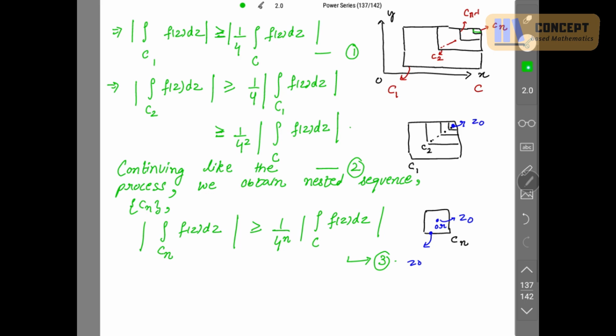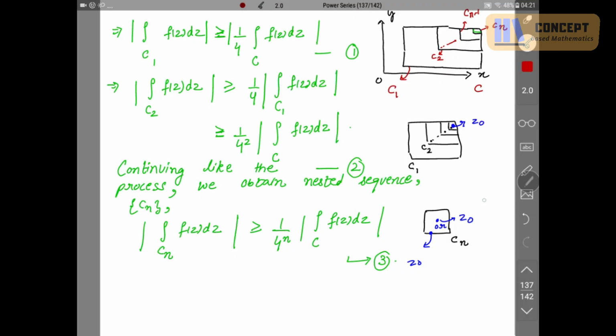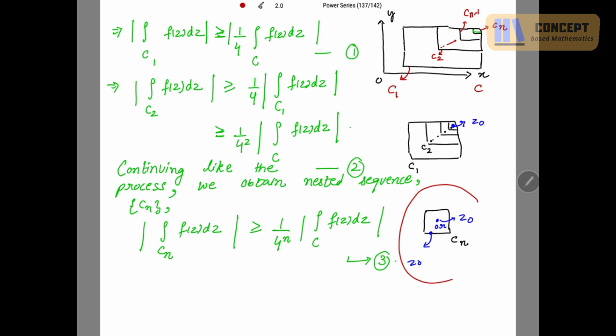Obviously, this is a closed contour C, that is your rectangle, and it is contained in this domain D. So z0 is also in this domain D, where your function is analytic.